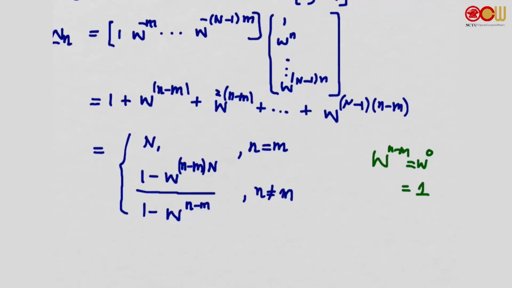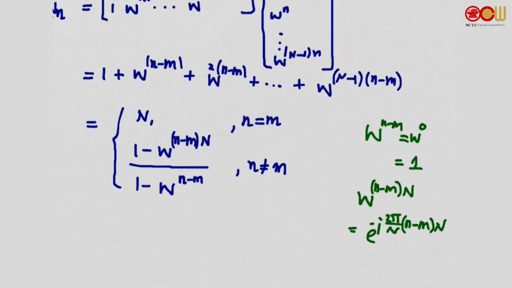What does this mean? Let's look at the numerator again. The numerator contains the term n minus m and then N. What is this one? Remember, W is equal to e^(-j2π/N). If we have n minus m and then N, then what do we have here? This N and this N will cancel out, and we get e^(-j2π(n-m)).